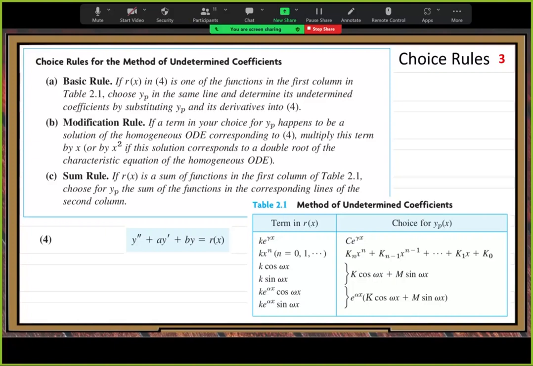So YP here may happen to be a solution of the homogeneous equation.